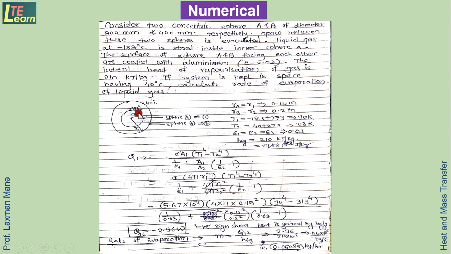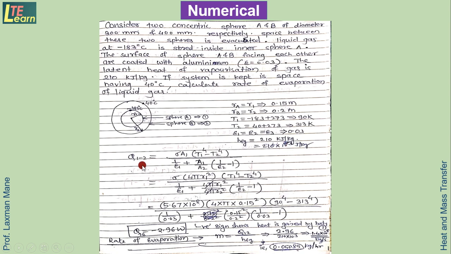For temperatures, the inside temperature T1 in degrees Celsius, add 273 to get Kelvin. Similarly convert the outside temperature of 40 degrees Celsius into Kelvin. Emissivity is to be taken as 0.03. The value of HFG is in kilojoule per kg, but it should be taken in joule per kg, so multiply by 10 raised to 3.